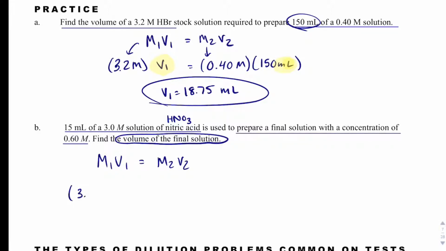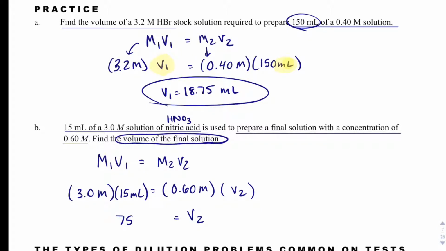The initial molarity is 3 molar. We want to bring it down to 0.60 molar, and we want to figure out what that total volume is going to be. We're going to take 15 milliliters of our concentrated stock solution. So V2 equals 75 milliliters. That's what the total volume of your solution will be.